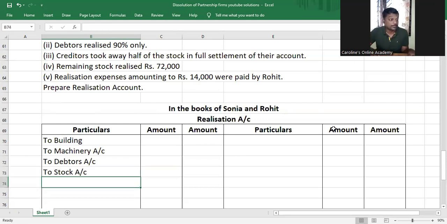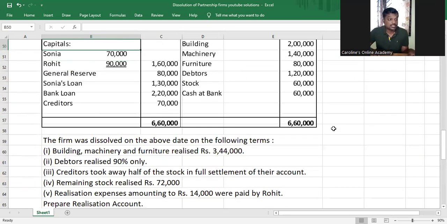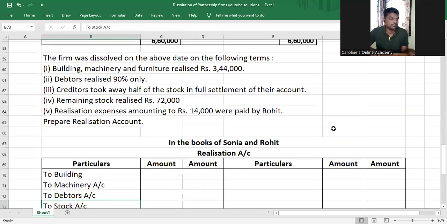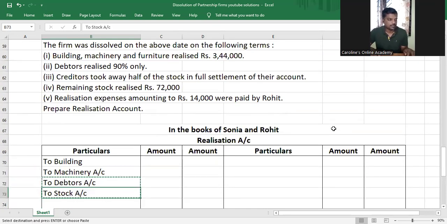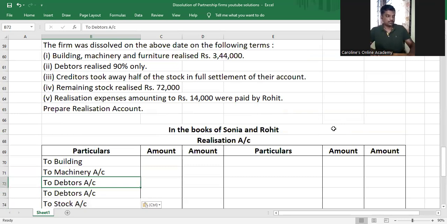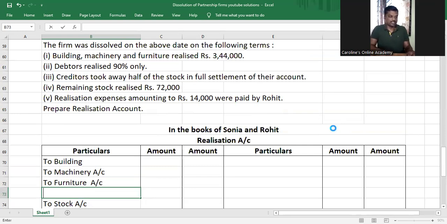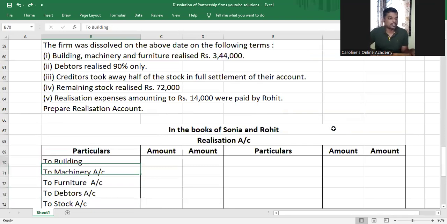I think I missed one. What did I miss? Furniture. To furniture account. You don't have to write in the same order, but I'm doing it so that I can remember. So building, machinery, furniture, debtors, and stock.